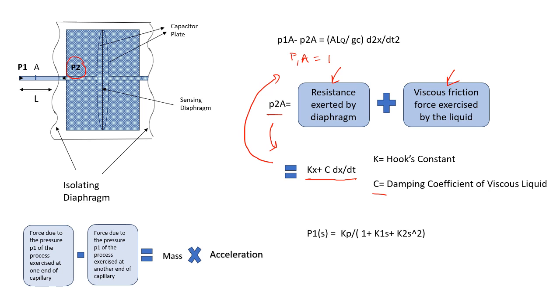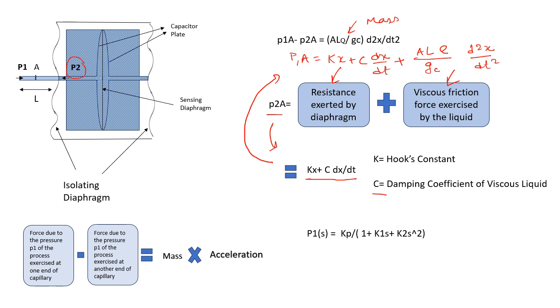Now, P2A we already said is Kx plus C dx/dt, and it will be added to the mass portion, where A is the cross-sectional area, L is the length, rho is the density, divided by Gc, the gravitational coefficient for acceleration, times d²x/dt², right?